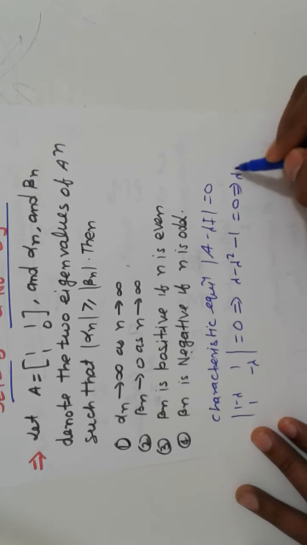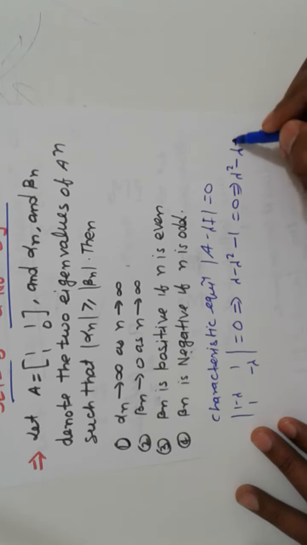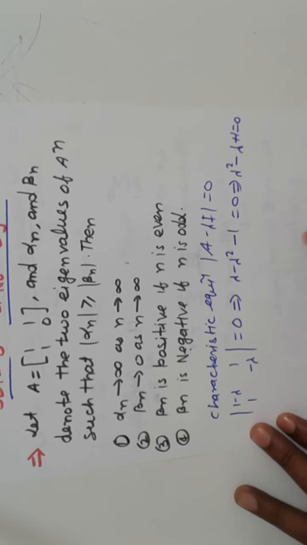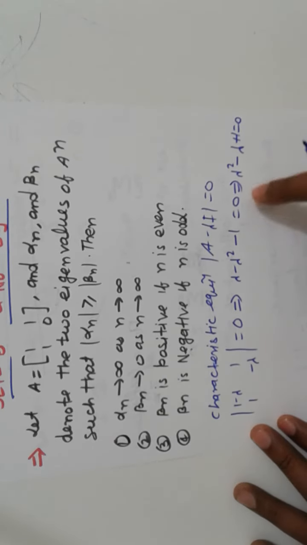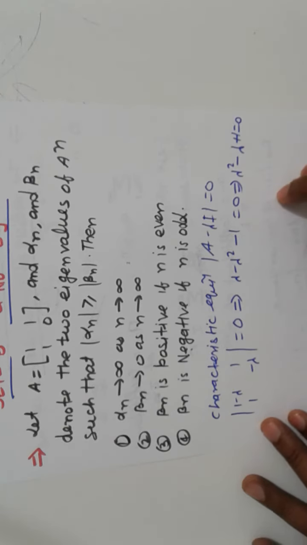Otherwise, lambda square minus lambda plus 1 equal to 0. The next target is to find this.